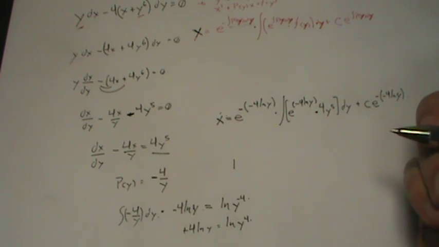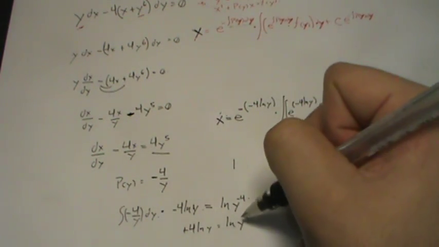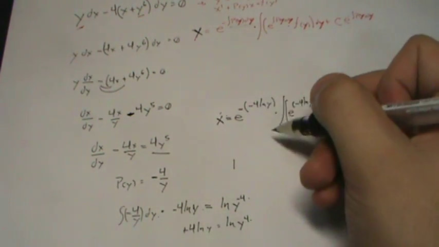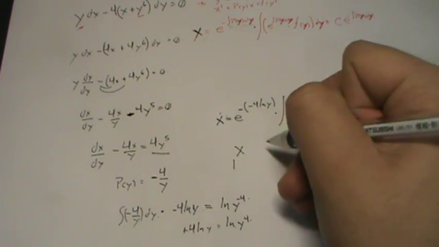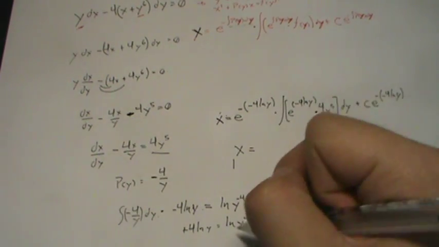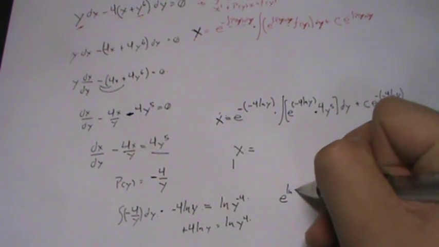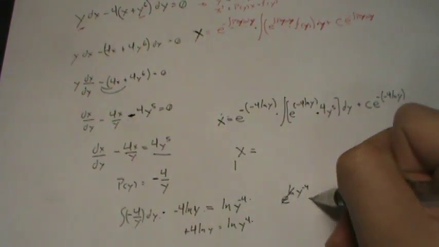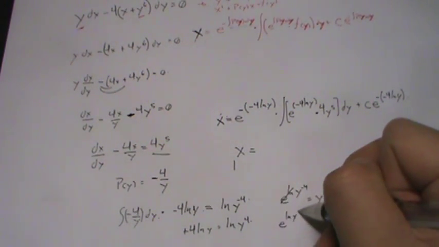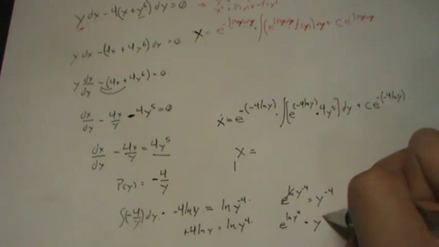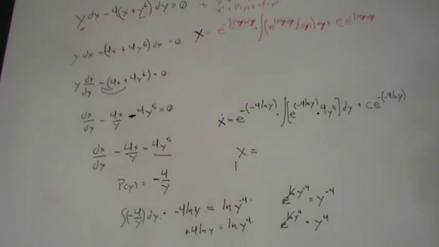Okay, so now with this in mind, we can cancel the e and the natural logarithm. So this is just the same as y to the minus 4. And if you have this, it's just the same as having y to the 4th. Okay?